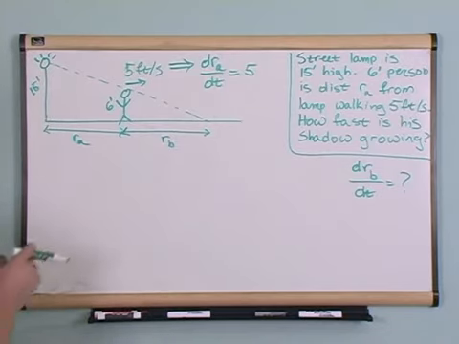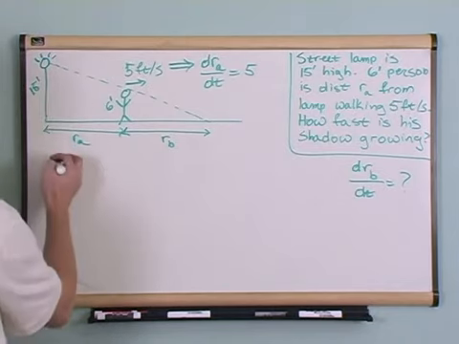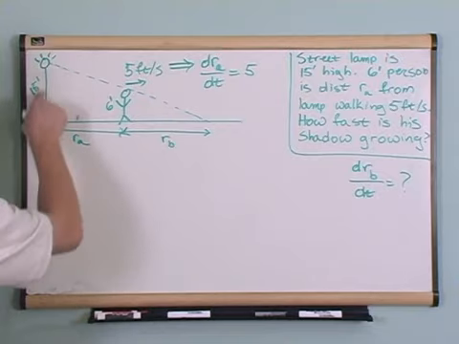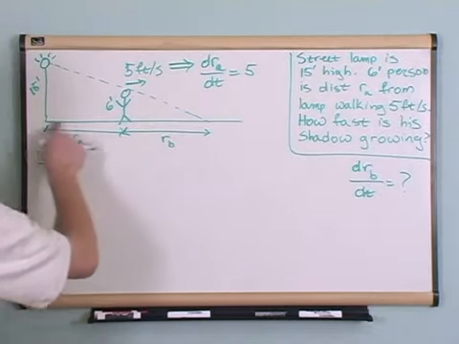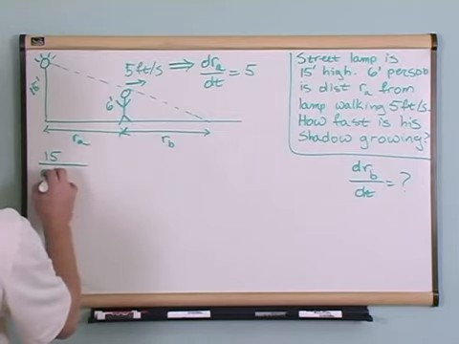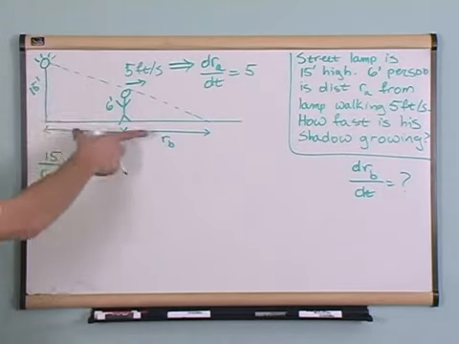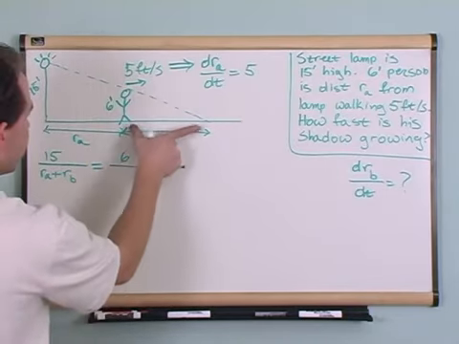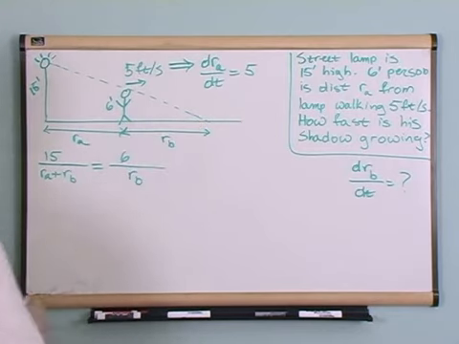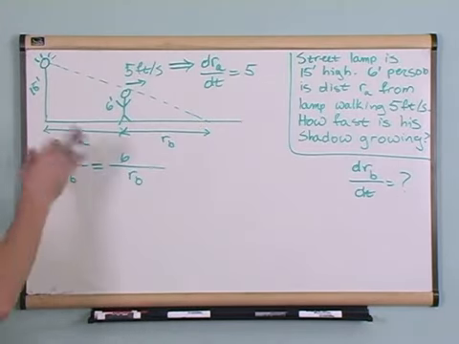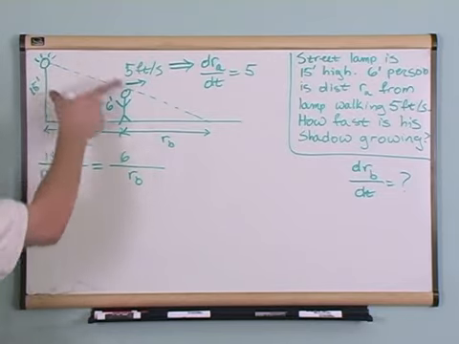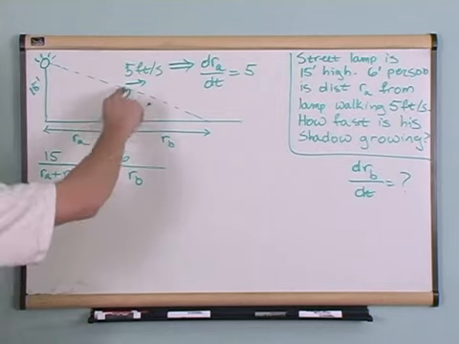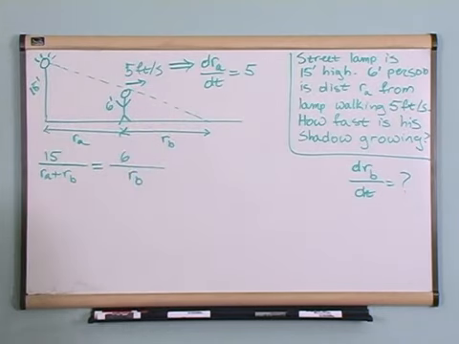So you can write a ratio between them: this distance, 15, of the big triangle as compared with the distance of the big triangle down here, this leg, which is RA plus RB, is equal to this distance of the smaller triangle as compared to the smaller triangle's distance, RB. This is just a ratio because these triangles are similar. So the leg of the big triangle as compared with the big leg of the big triangle is the same as this leg of the small triangle as compared with this leg of the small triangle. Those ratios should be the same.